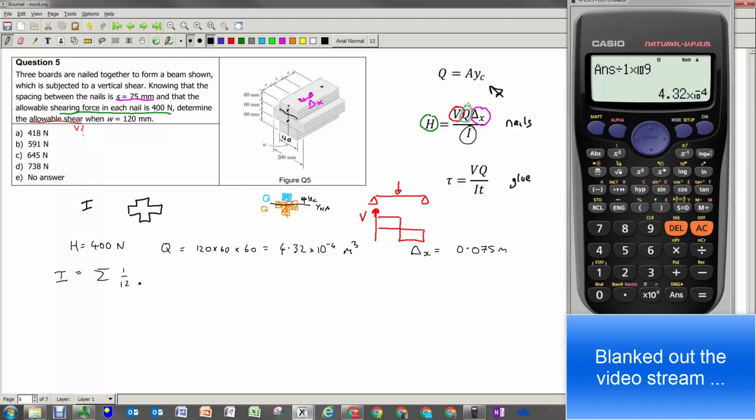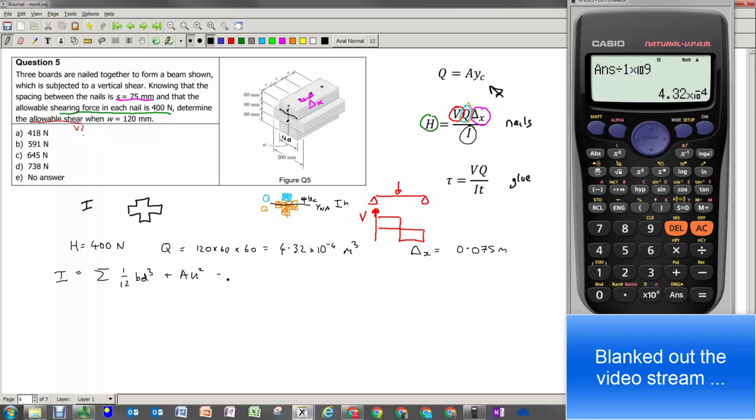Finally, I want to find my I, so that's going to be summing up all my 1/12 bd cubed for all square or rectangle sections, plus the parallel axis component, so that's the Ah squared. Your h in this case is actually going to be the same as your y, curiously. If we were dealing with a more complex shape, that wouldn't necessarily be the case.